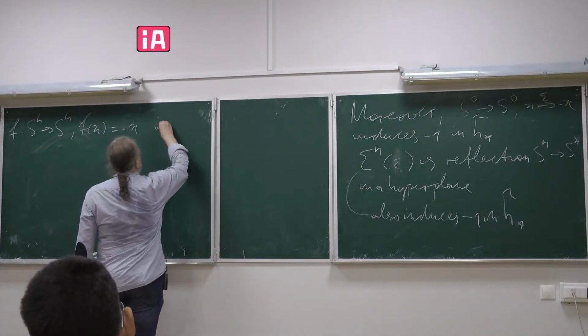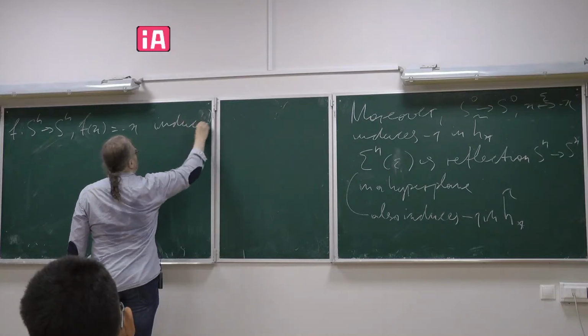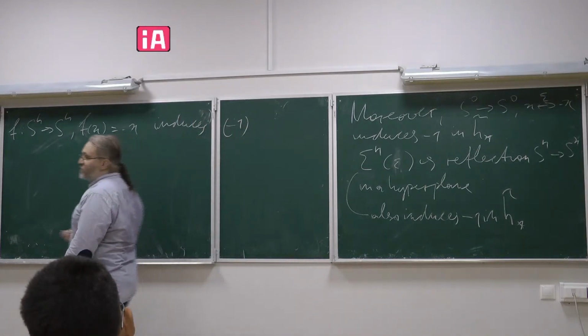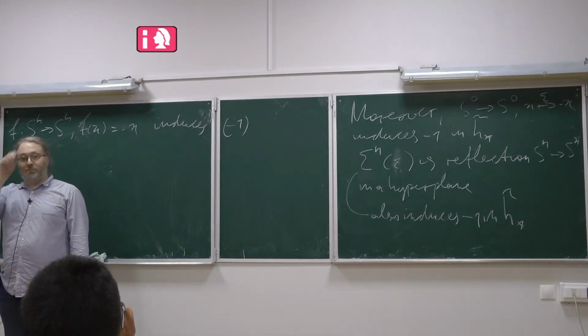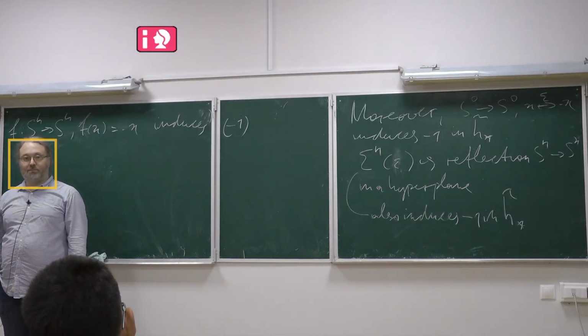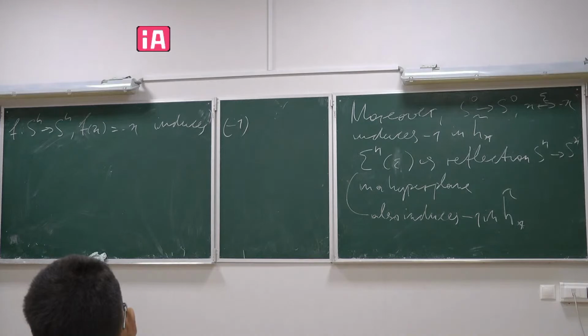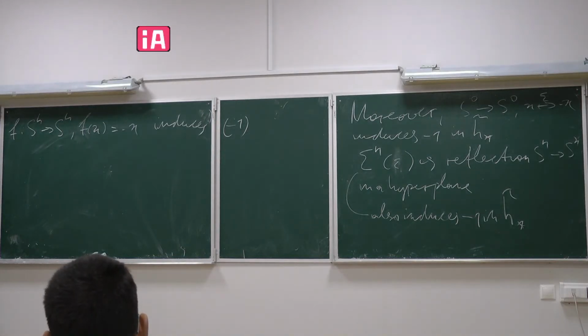And this map induces -1 to which power in reduced homology?